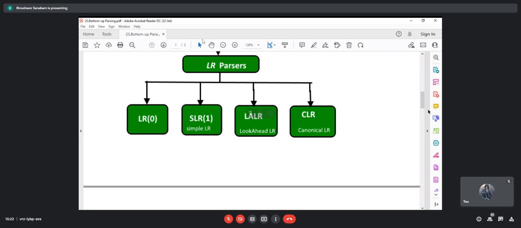The matching substring is what we call a handle, and the process of replacing is called reduction, or reduce.